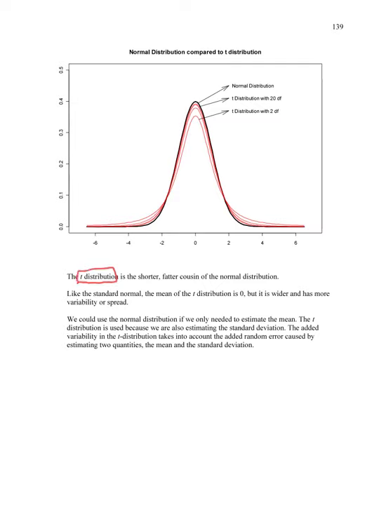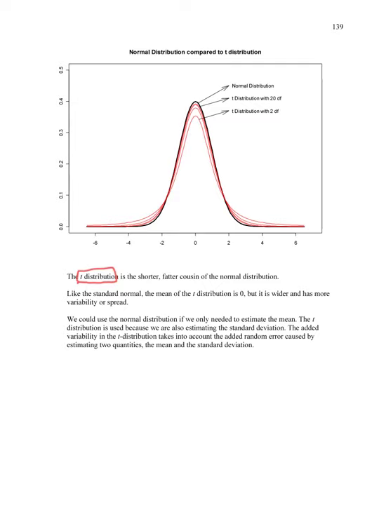It is the shorter, fatter cousin of the normal distribution. So in this plot up here, the black line at the top is the normal distribution, and all these red lines are actually t-distributions.